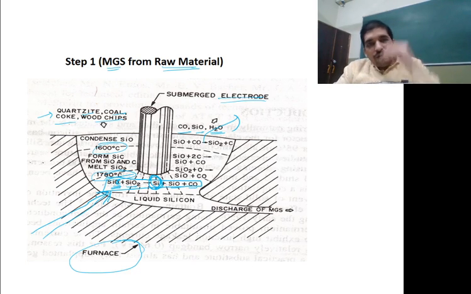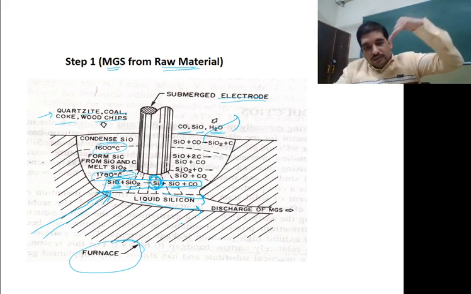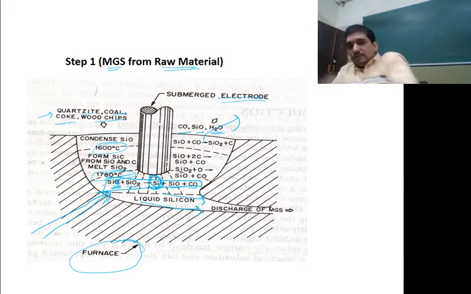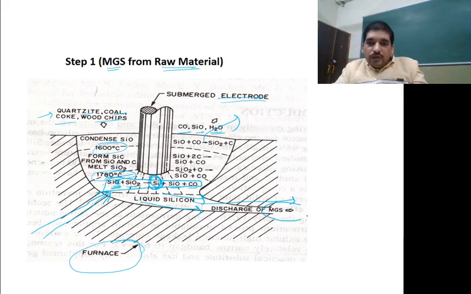We have this furnace in such a manner that when this reaction takes place and silicon forms, we give a path at the bottom such that this liquid will discharge through the furnace, and this liquid which comes out is simply silicon, and this silicon is your MGS.